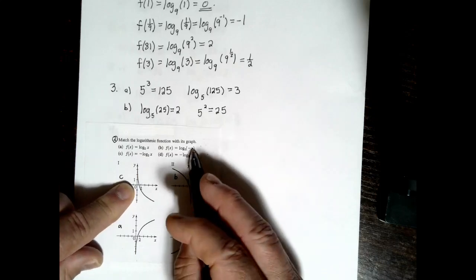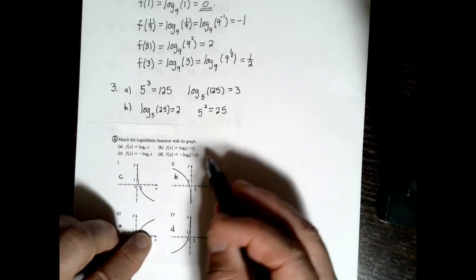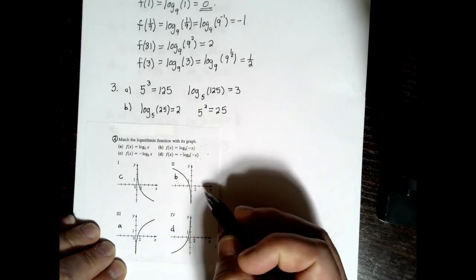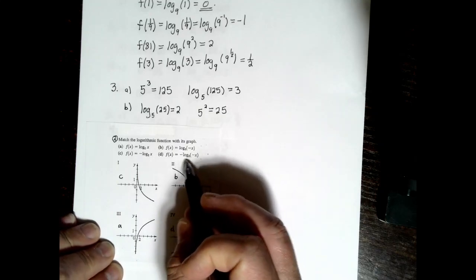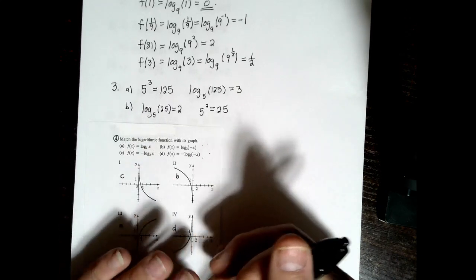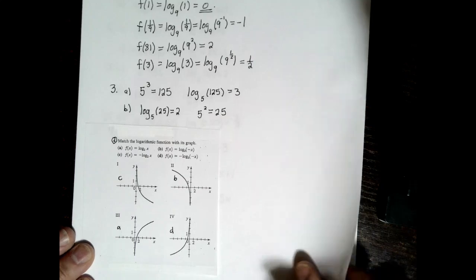And then if you put a negative inside the known function, it flips it on the y-axis, and so that would be b, it's graph 2. And this one with a negative out in front and a negative inside, you're pivoting it on the y-axis and the x-axis, and so that's what that one looks like.